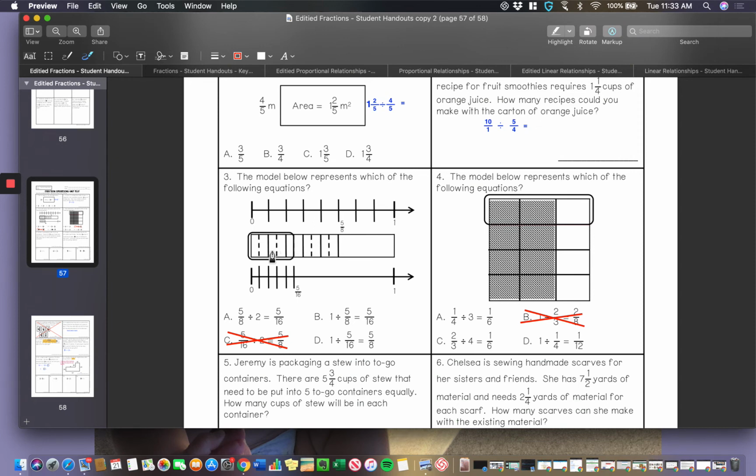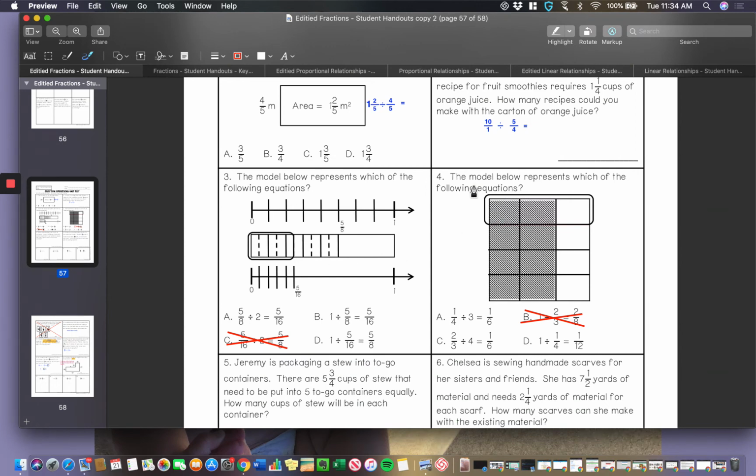Now, out of that 5/8, it's being split into 2 to get a quotient of 5/16. And I eliminated an answer for you to give you a better view of what's going on. Definitely try to use the numbers in that problem to tell you what the answers are. All of these have the same numbers with the exception of A, which is 2. And don't forget that we are splitting 5/8 into 2.